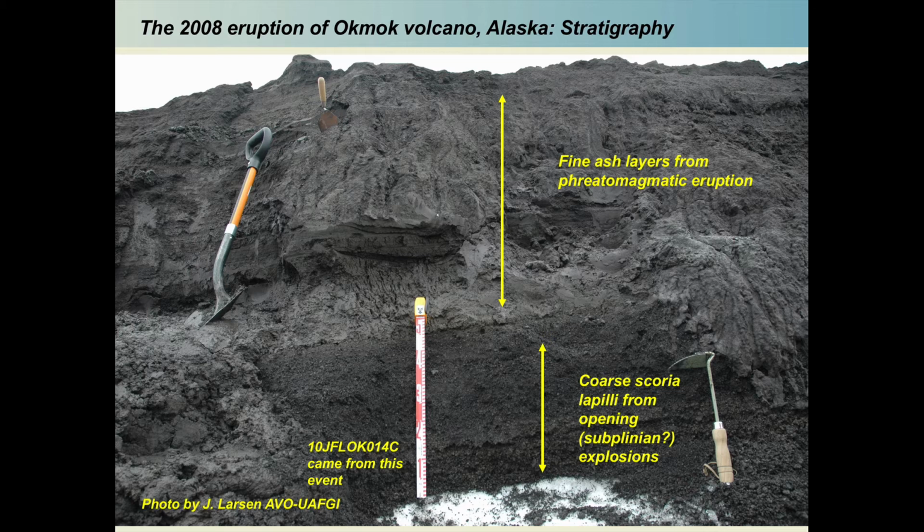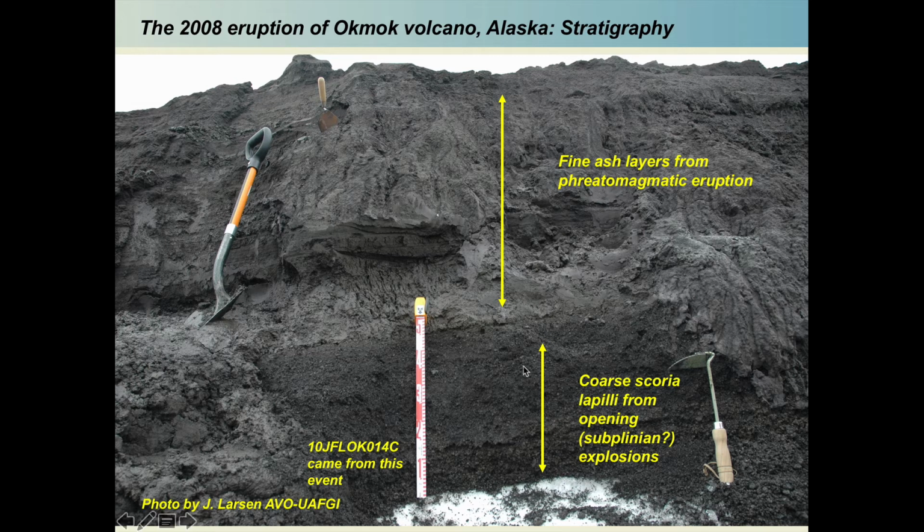The eruption lasted for 5 weeks, and the upper part of the deposits shown here are very fine-grained. You can see they look like mud. They're very fine-grained ash layers, and at least for this part of the eruption series, the eruption was phreatomagmatic in style.